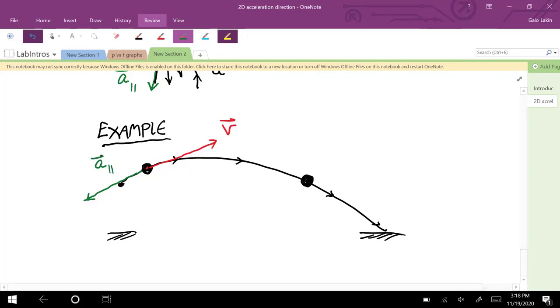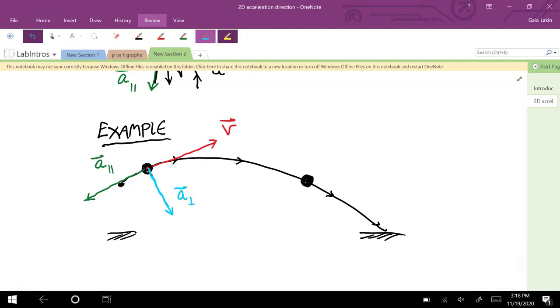Now, is the object turning? Yeah, it's not following a straight line. That means it's turning. And so our perpendicular part of the acceleration is the way that it's turning, which is this way. So that's a perpendicular. And you can see that because the path falls on that side of the velocity vector.